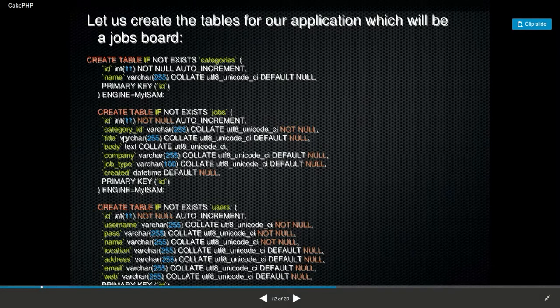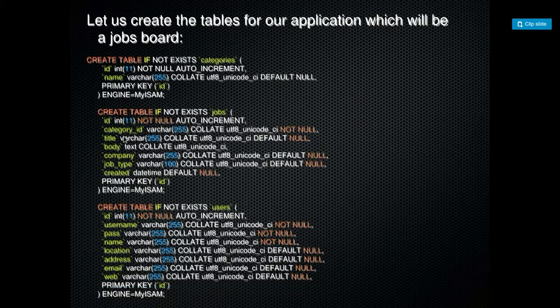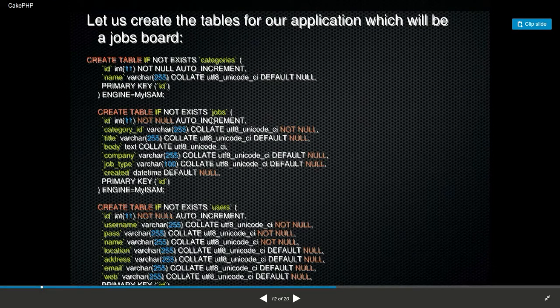And if we are using a foreign key in a table that is referencing any other table, then that foreign key will be named after the table name. Here we have the categories table, and in this jobs table we have a column named category_id. So this category_id is basically the foreign key that is referencing the categories table. How will we name the foreign key?